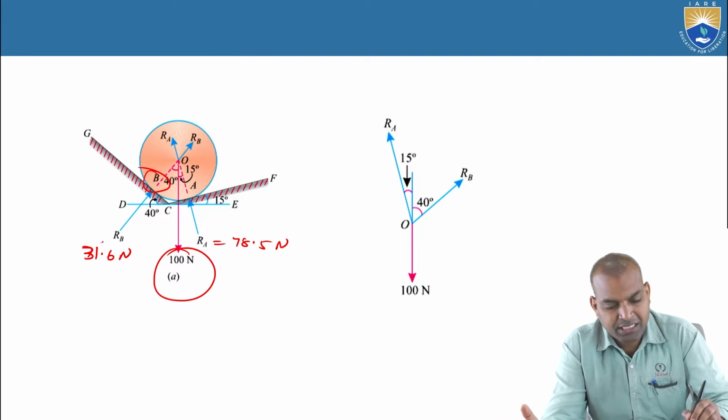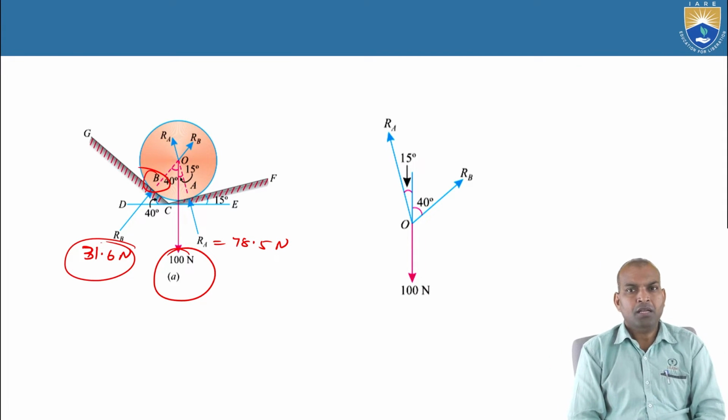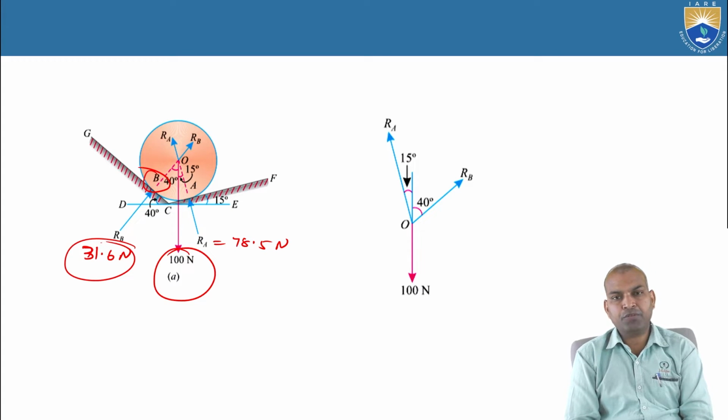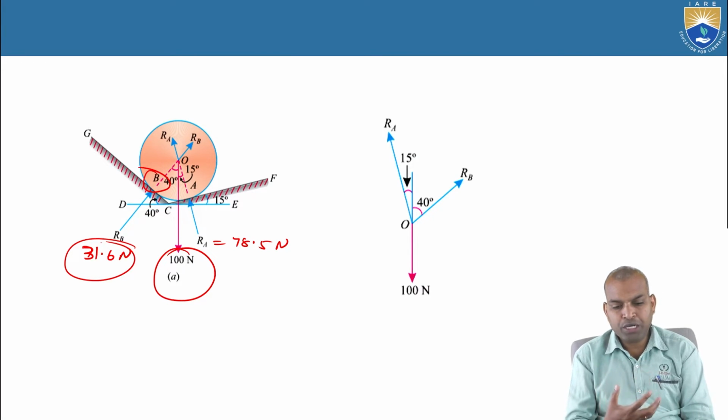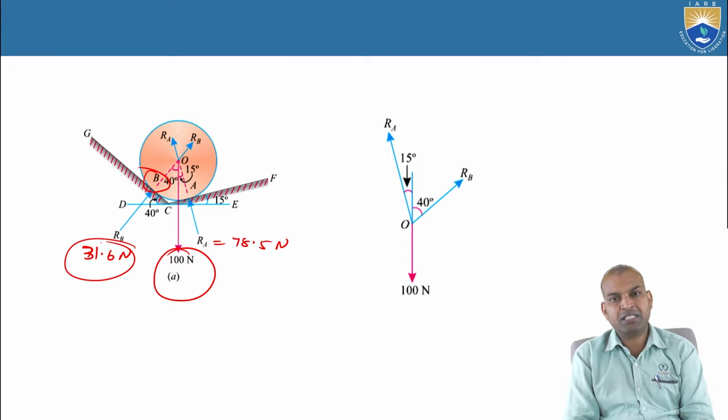So the 40 degrees is experiencing how much? 31.6 newtons, and RA is experiencing 78.5 newtons. That is the 15 degrees, more load it is experiencing, whereas the 40 degrees is experiencing less, 31.6 newtons.